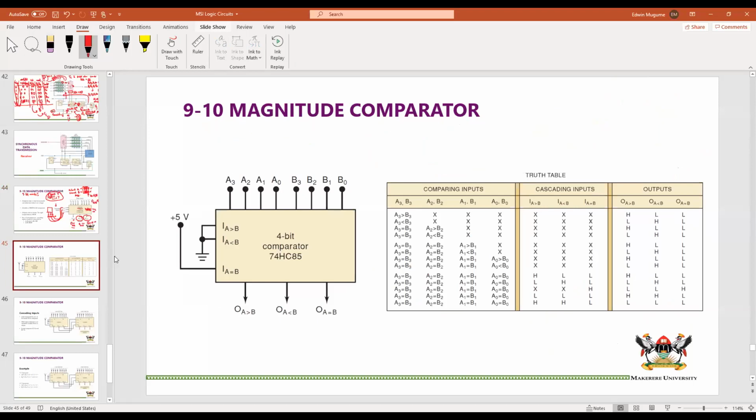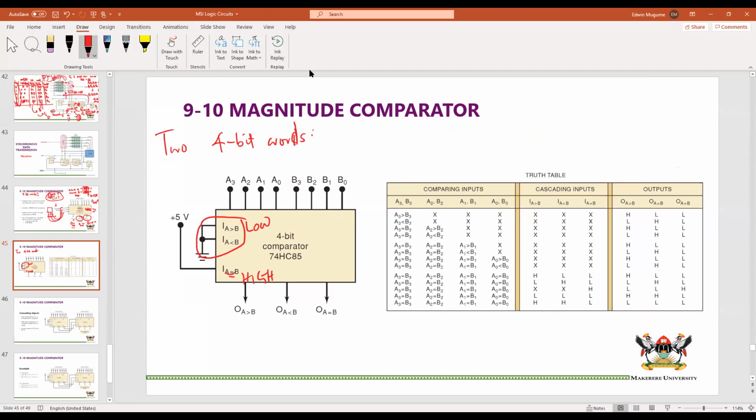But before we go to that, let us look at this truth table. I should mention that when we are comparing just two 4-bit words, we should connect these low and that one high. That is the right connection.